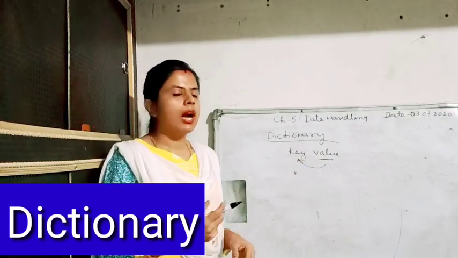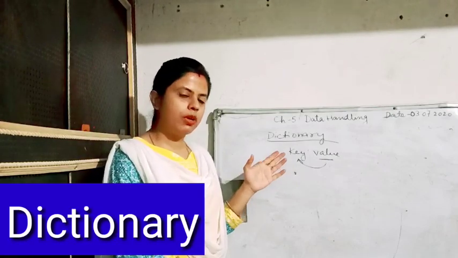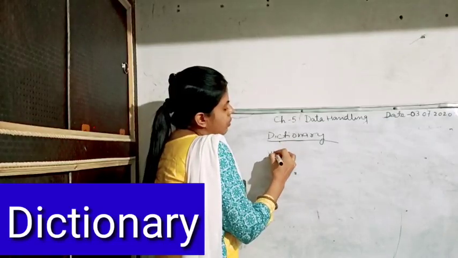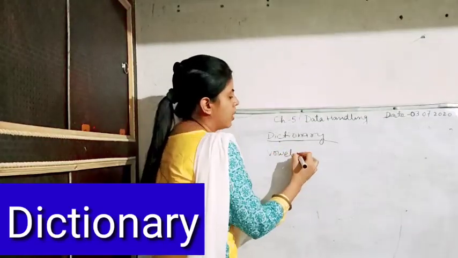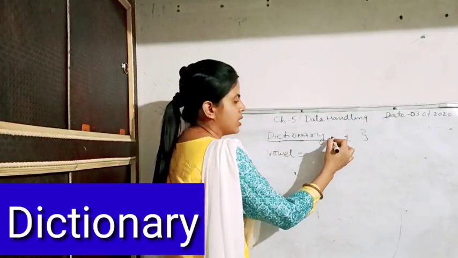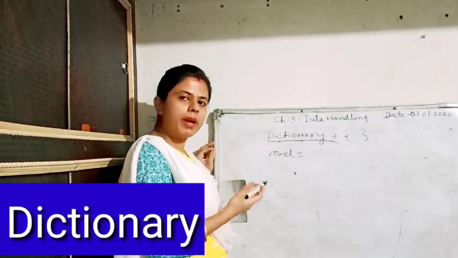Now let's see the syntax of a dictionary and how the values can be accessed with the help of the key. Suppose I have defined a dictionary named vowel. Dictionaries are represented in curly braces, as lists were represented in square brackets and tuples in parentheses.